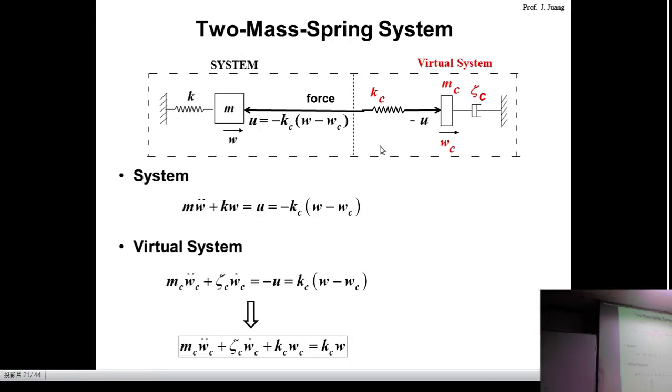Because of that we'll be able to add WC dot. We'll be able to have the zeta C dot there. So my computer will mimic the passive system. That's all. The job of the computer is to mimic the passive system. Understand?